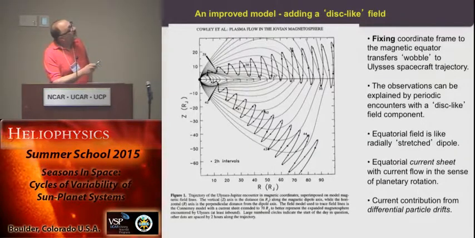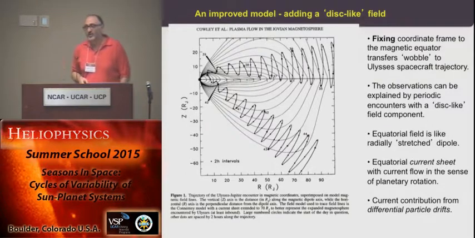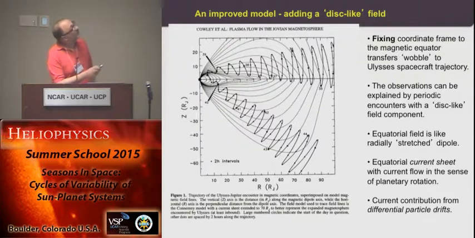And the lines in the background of this diagram illustrate the kind of field structure that you need to best explain the observations. Here's the planet, which is the unit disk at the origin here. Close to the planet, you have the nice loop-like structures of a dipole field. As you come out further along the equatorial plane, you can see the field lines pinched very strongly in the radial direction, forming this disc-like or tail-like shape.